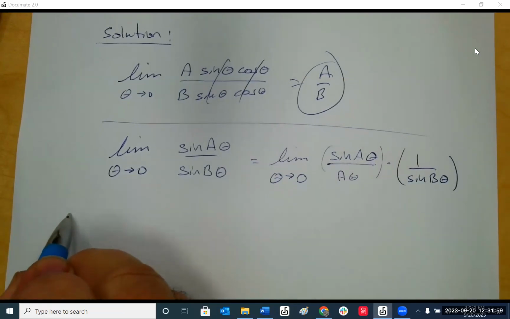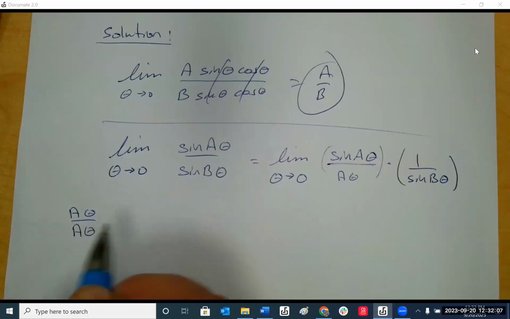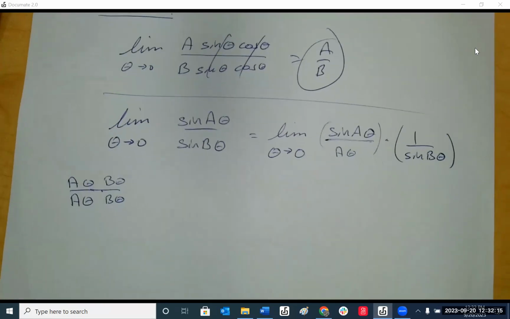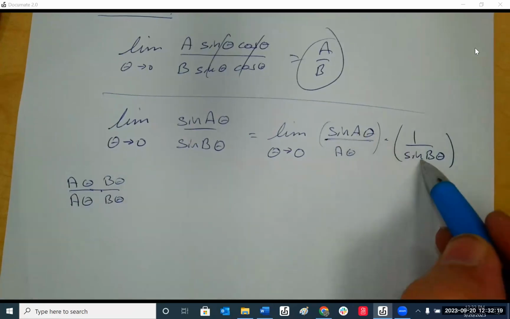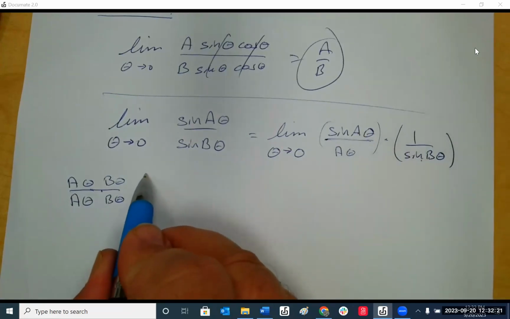Okay, let's look at if we multiply everybody by A theta. Because this is just one. We have to take care of the A and the B.